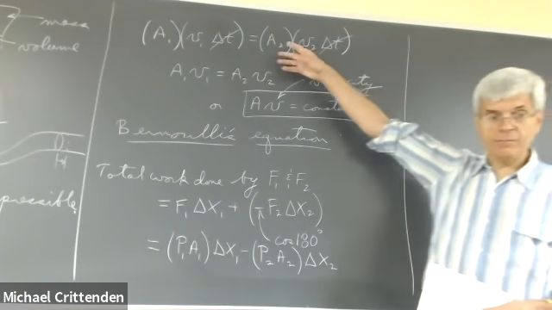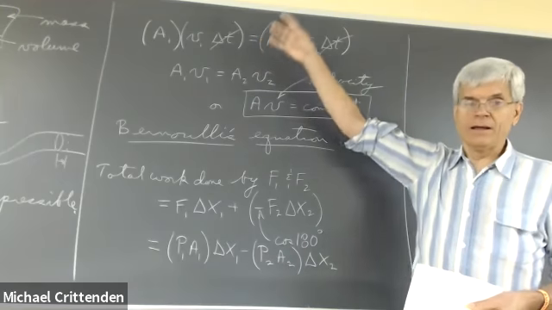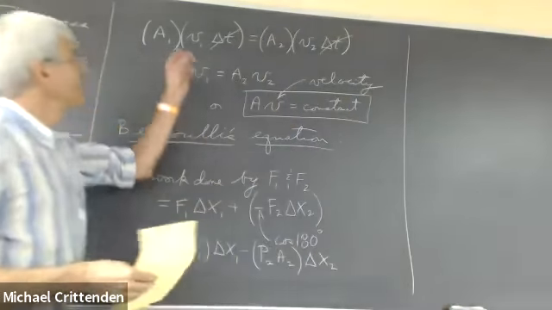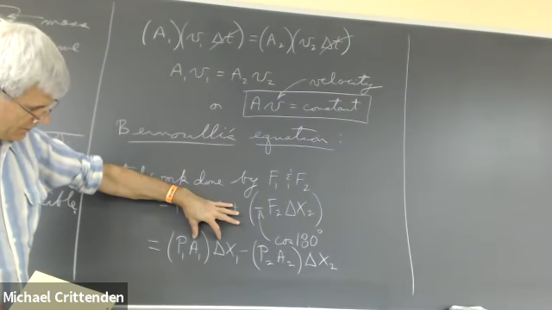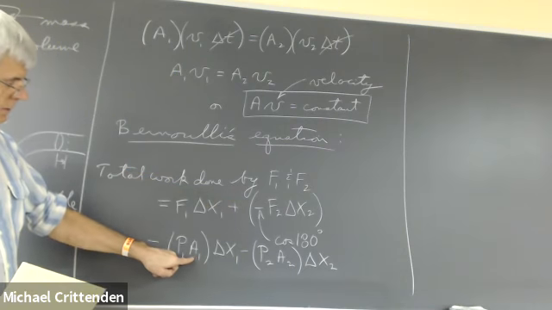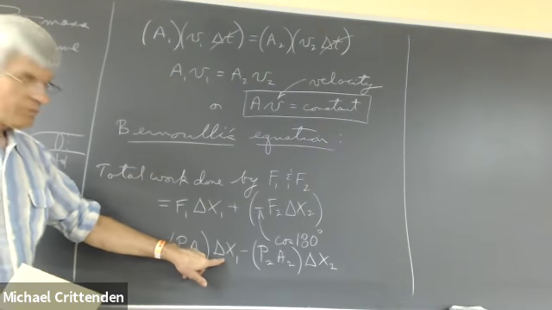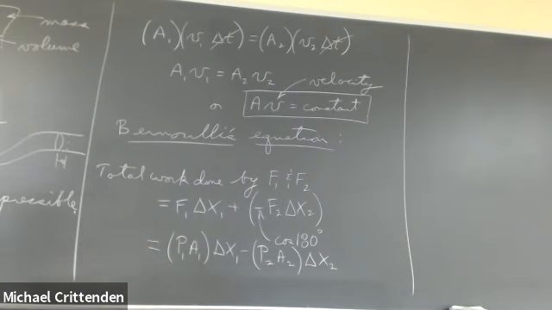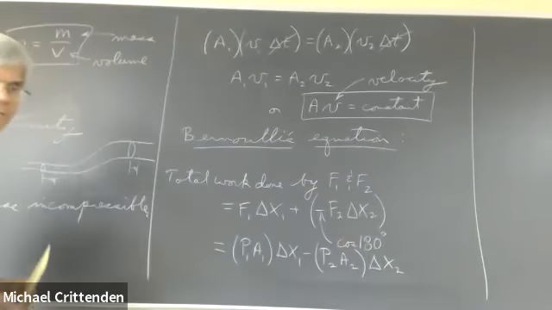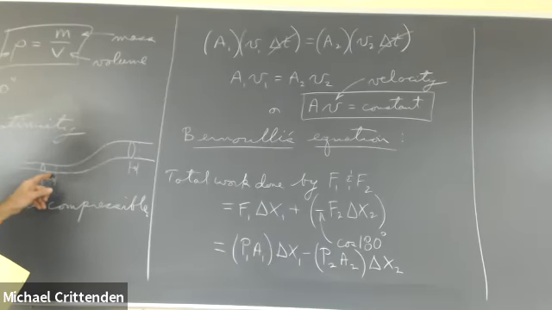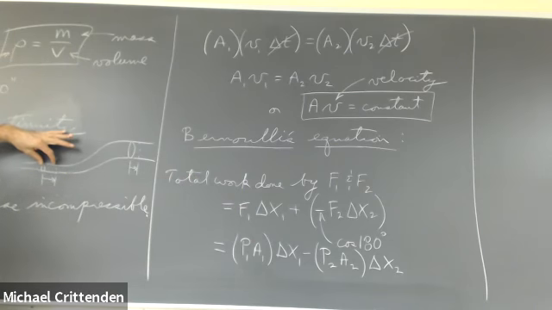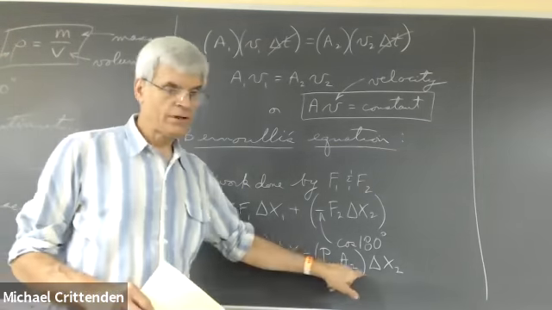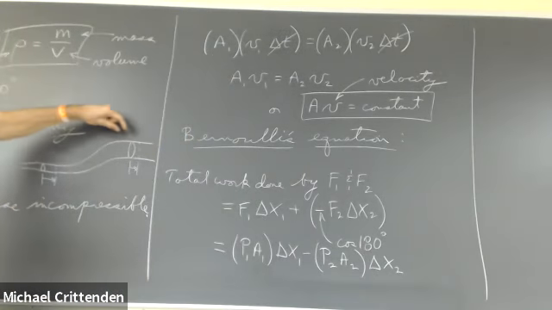Well, as I already mentioned when I was back up in here, the volume of a cylinder is its cross-sectional area times its length. And that occurs again here, okay? Cross-sectional area times the length of this little chunk over here, that A1 times delta x1, that's this volume here, and A2 times delta x2, that's this volume over here.